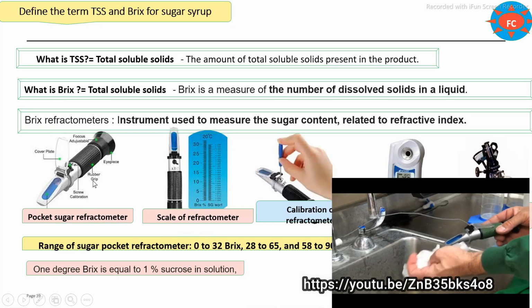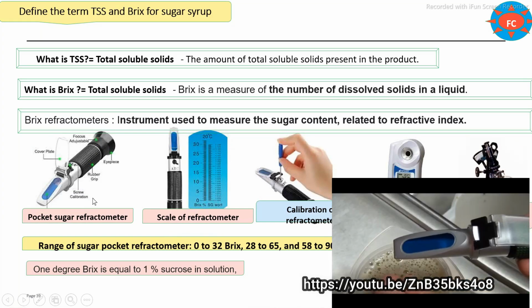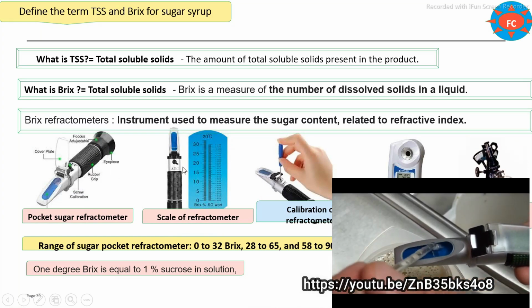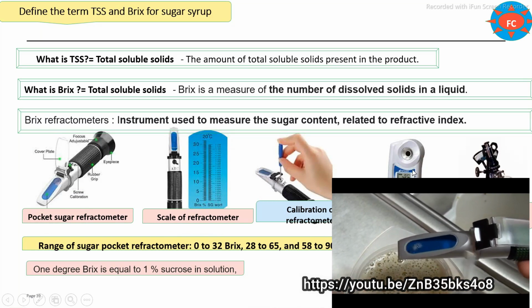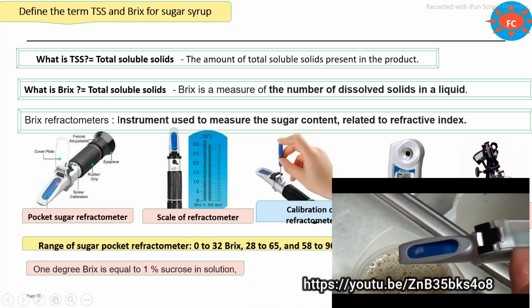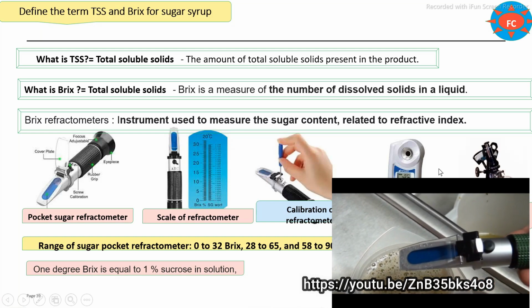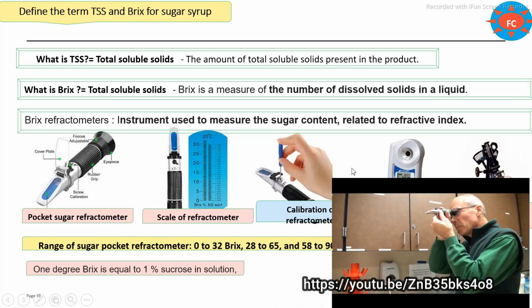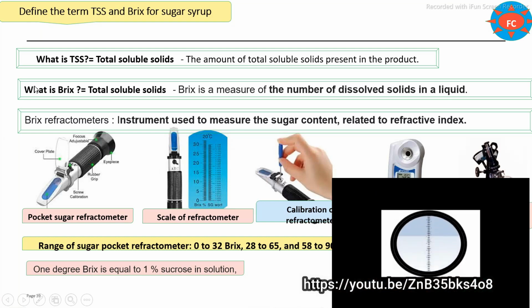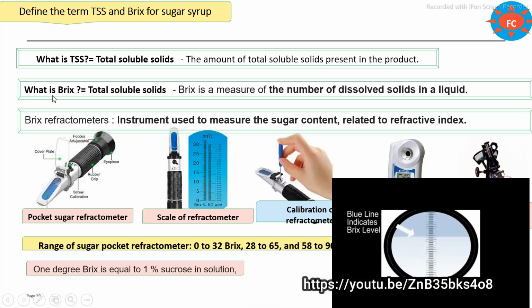Different types of refractometer are available. These are pocket refractometers, this is the digital refractometer, and this is the Abbe refractometer. By using a refractometer, you can directly measure the total soluble solids in terms of degree Brix.